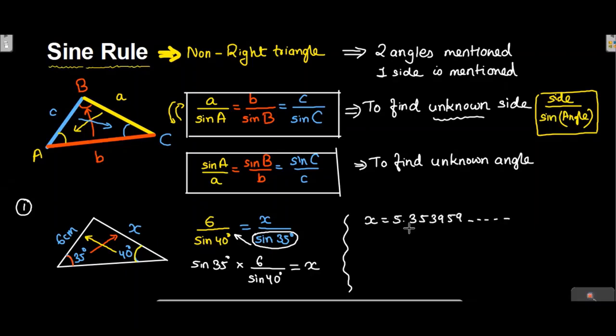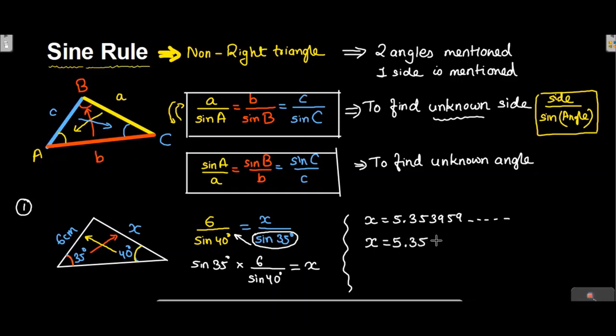5.353959 dot dot dot. It is important to mention this step because sometimes calculators will give you different decimal numbers. Up to a 1 or 2 error will mostly be there. But this is like telling the examiner that this is the value I got in the calculator and I'm writing the final answer. According to this number, I'm going to write 3 significant figures, so the final answer is 5.35.